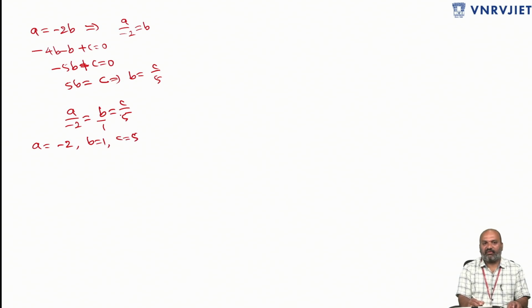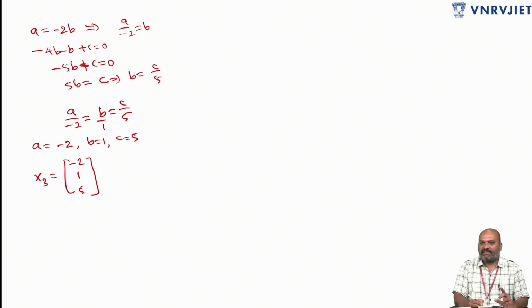Since all these three ratios are equal to some constant k, a equals minus 2k, b equals k, c equals 5k. Let k be any arbitrary constant; k can be taken as 1. So I'm taking a, b, c equal to minus 2, 1, 5 respectively. So the new eigenvector x3 is minus 2, 1, 5.